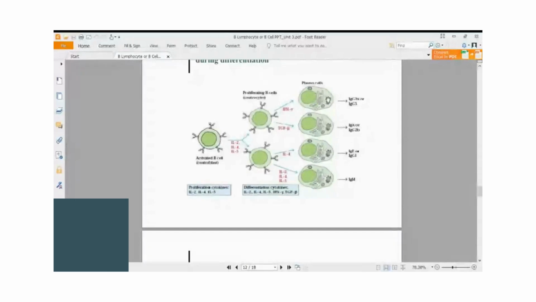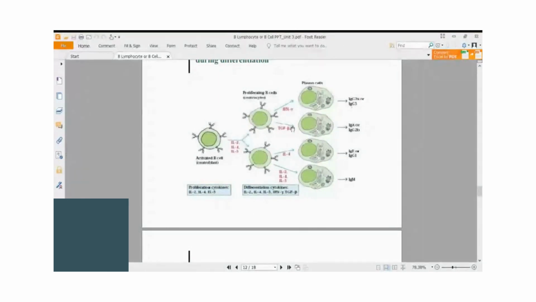Once the class switching takes place, it can produce different classes of antibodies, and the IgG class of antibodies can be further subclassified into G1, G2, G3, G4. We'll talk about them, and their properties, in later lectures. The IgG class is going to be produced if interferon gamma is the sole cytokine to trigger that centrocyte to differentiate into a plasma cell and produce the antibody.